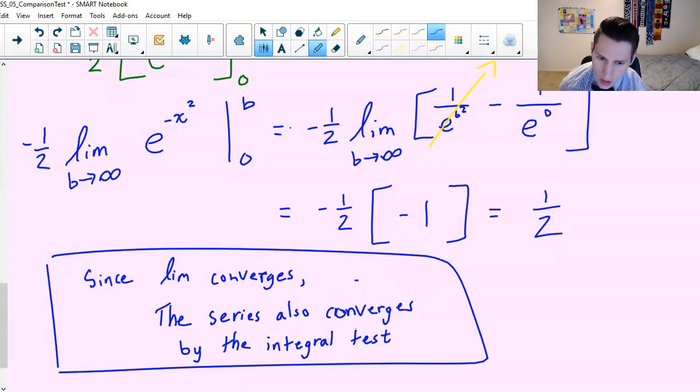Boom. Right? They both converge or they both diverge. As long as we prove that the function's decreasing, it's greater than 0, and that it's continuous, then we'll know that the limit and the series will do the same thing.